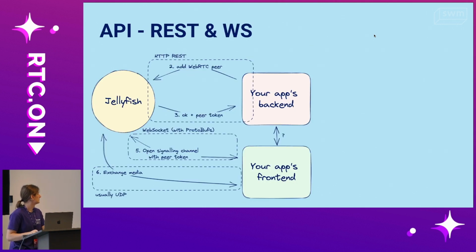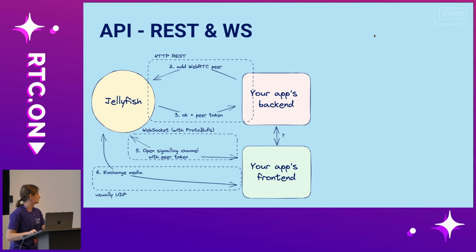So that was the multimedia part of things, but I guess the API is as important. We use REST, a simple HTTP REST, to enable adding and removing the different types of elements, so rooms, peers, and components. And usually your app's backend would take all of this.